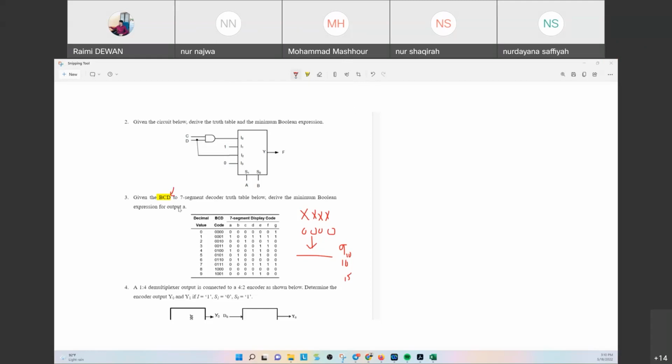Then to 7 segment. Then the 7 segment decoder truth table. So it's using a decoder truth table. This is actually very common.